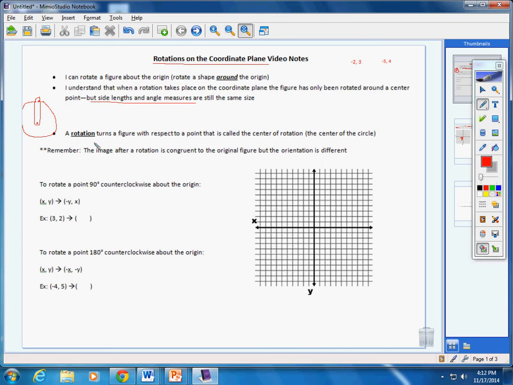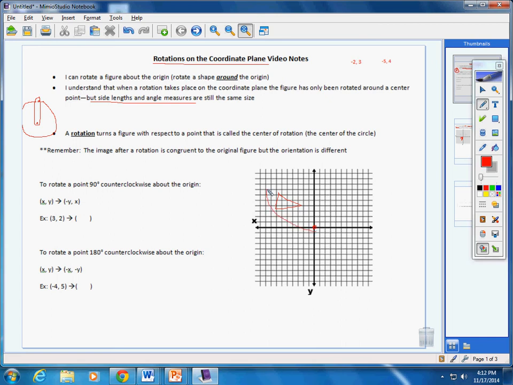Just a simple definition for rotation. A rotation turns a figure with respect to a point that is called the center of rotation. Okay? So imagine I have this random triangle here, which I'm going to erase in a minute. And in order to rotate this, we are going to turn it with respect to this central point, our origin.